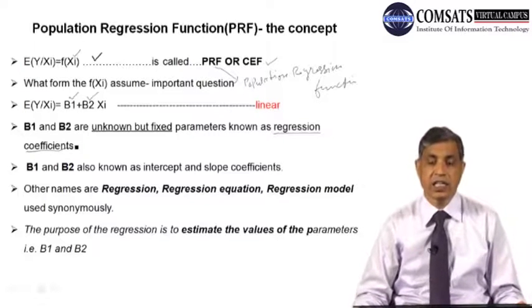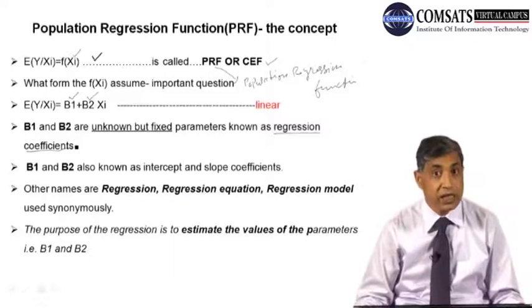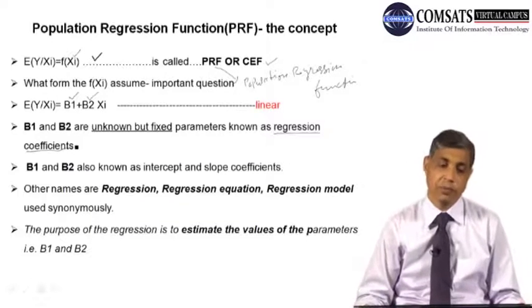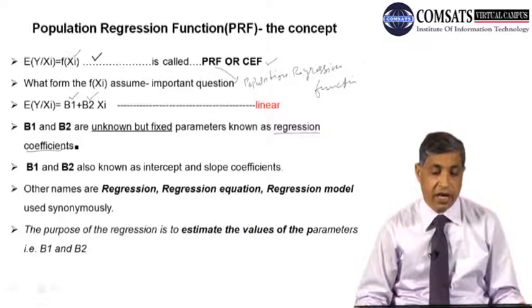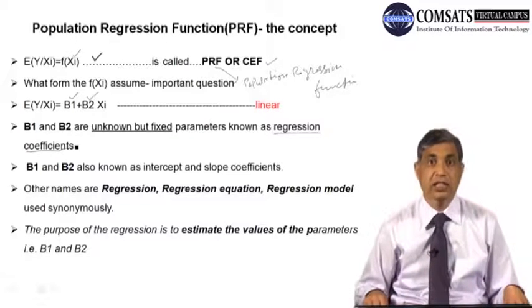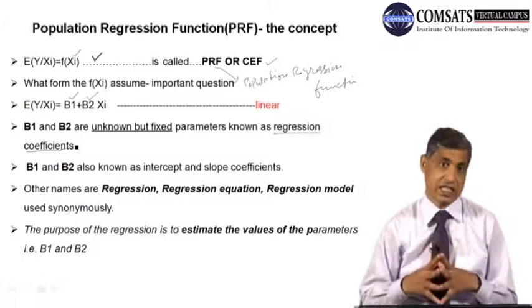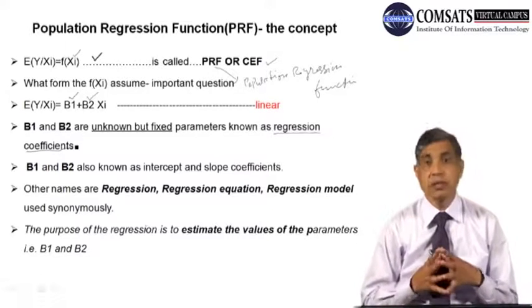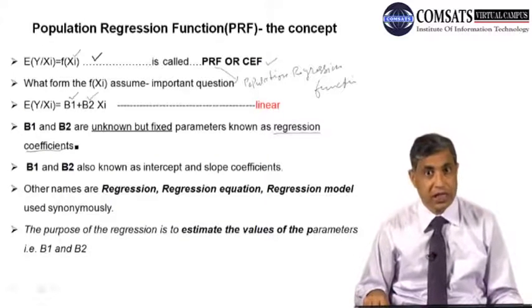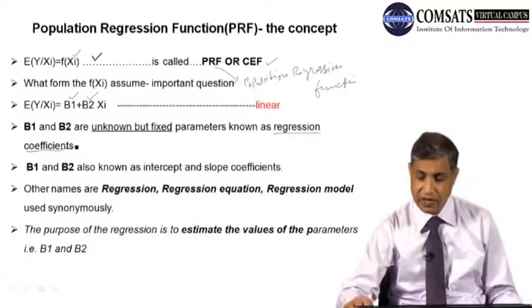And if I say that these are the regression coefficients, then there is no difference between the current talking and the previous one. And beta 1 and beta 2 are also known as intercept and slope coefficients. Although these are both the parameters, these are the regression coefficients, they are a bit different from each other. For example, with beta 1 there is no independent variable, but with beta 2 there is an independent variable.